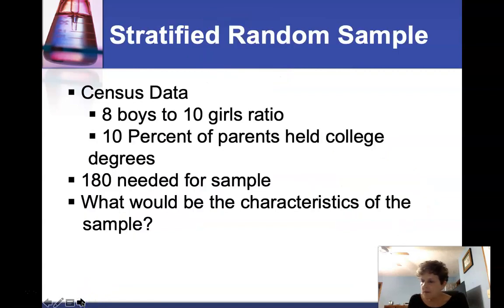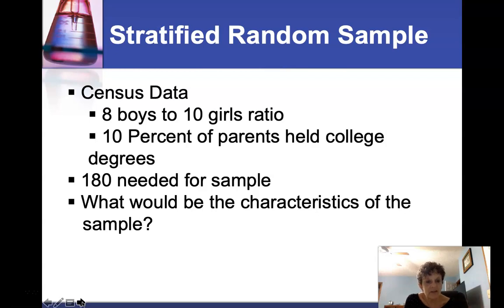So let's talk a little bit about census data. Census data is another way to pick information about your group, and you conduct a census and you find out your ratios and the people that you have. So for this census data, we have 8 boys to 10 girls.